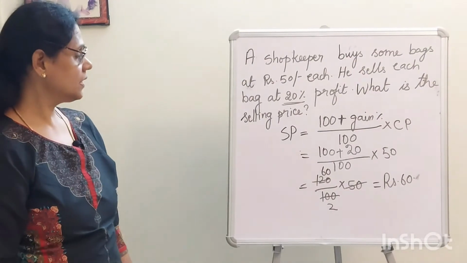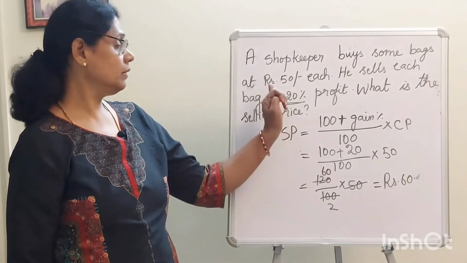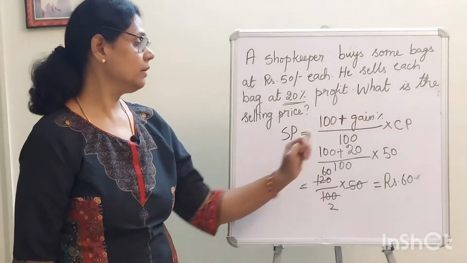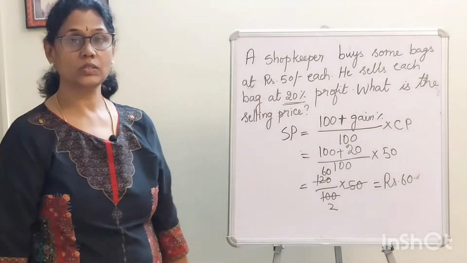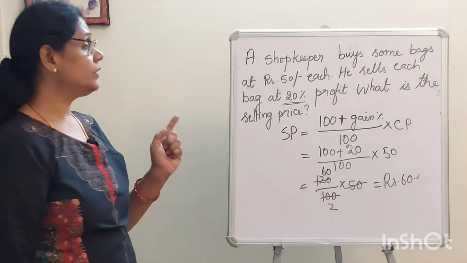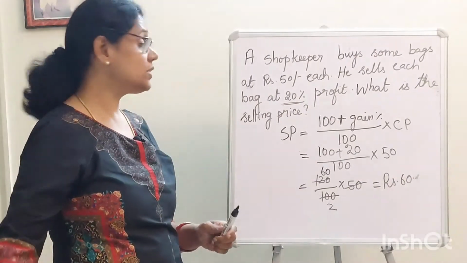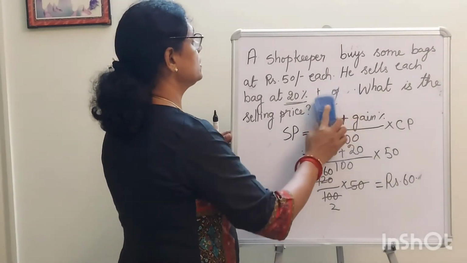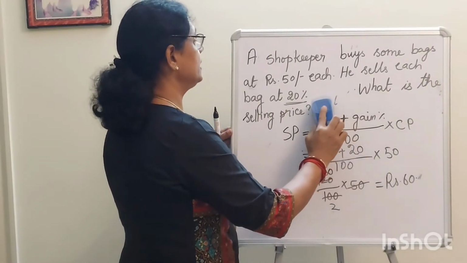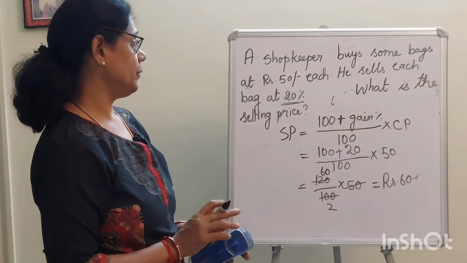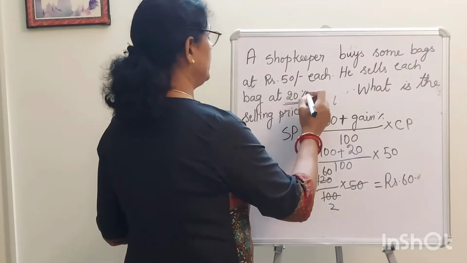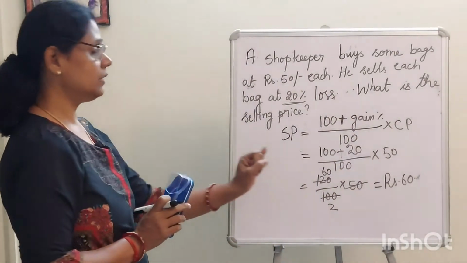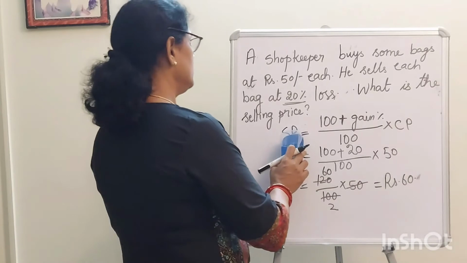Hope you understood this. Selling price, when there is a profit percent, the formula is 100 plus gain percentage by 100 into cost price. In case it is a loss percent, instead of 20% profit, he is selling it at a loss of 20%. Let us see what happens. 20% loss. So what is the selling price? Here a simple change, that's all.